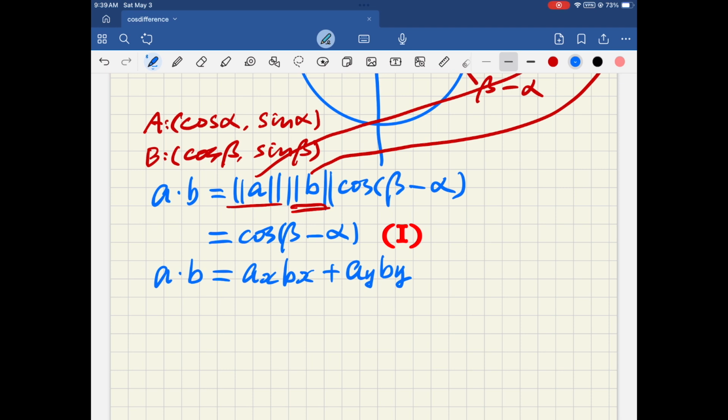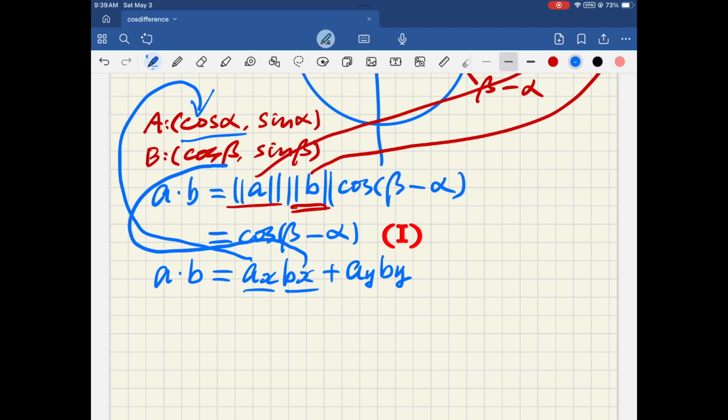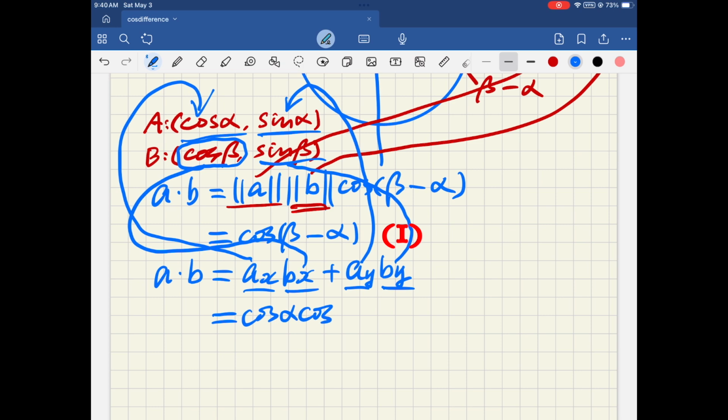We know the components of our vectors, A equals (cos α, sin α), and B equals (cos β, sin β). Plugging these into the formula gives A·B equals cos α cos β plus sin α sin β. Let's call this equation II.